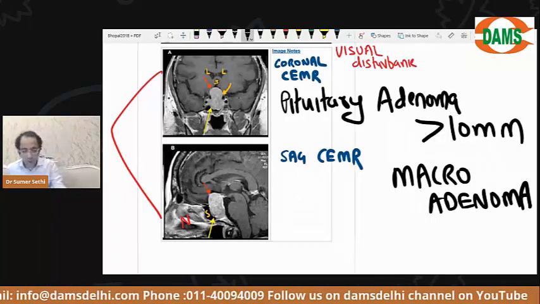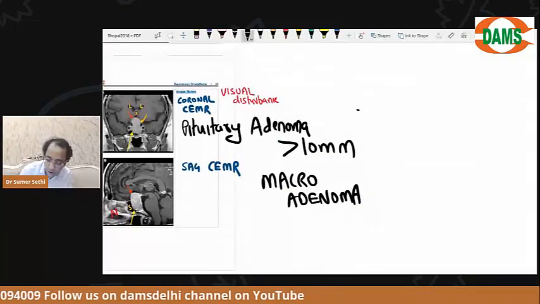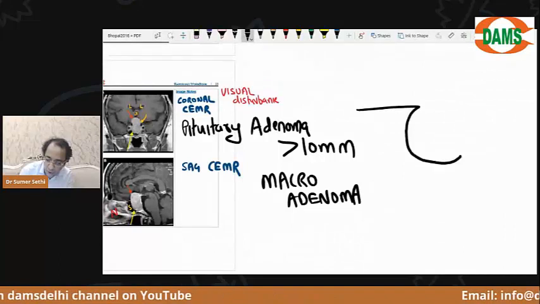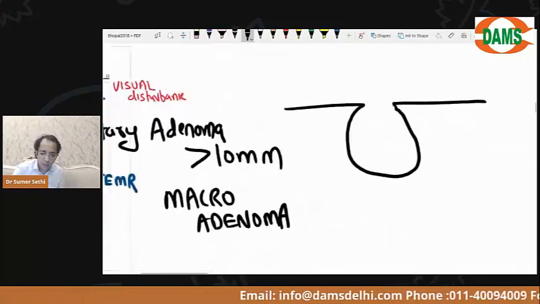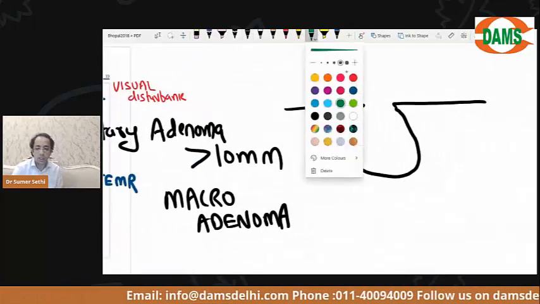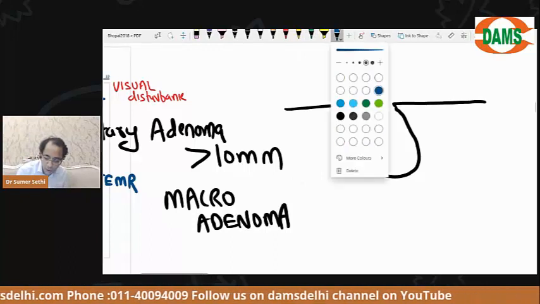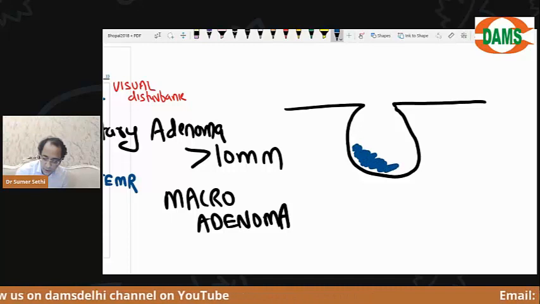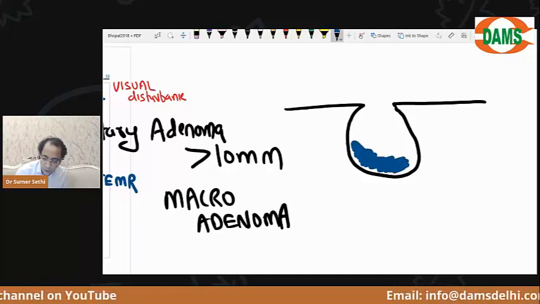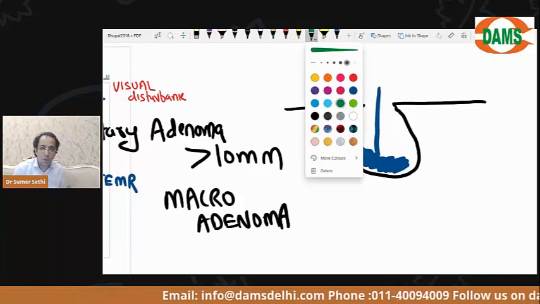Okay, everybody understands. But let us understand the appearance further. If this is your sella turcica, everybody, in sella turcica, you have your master endocrine gland called as pituitary. But the God must have given some protection to the master.